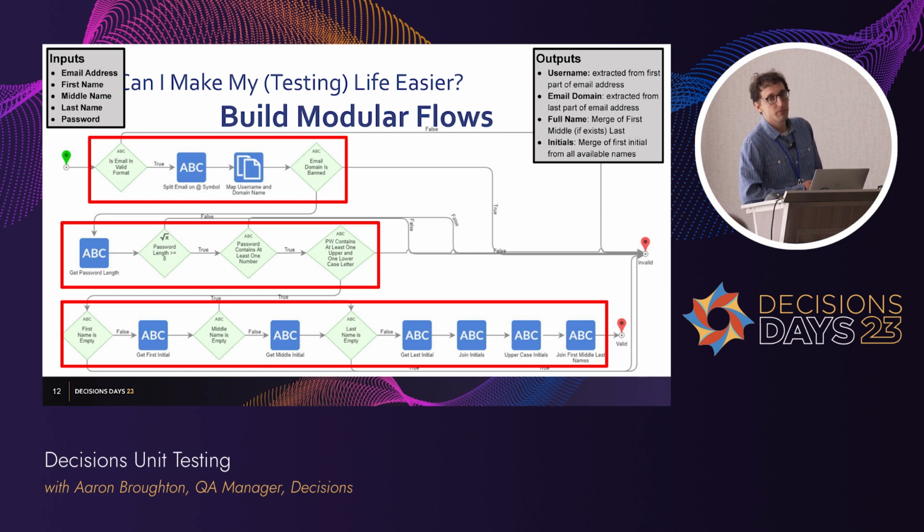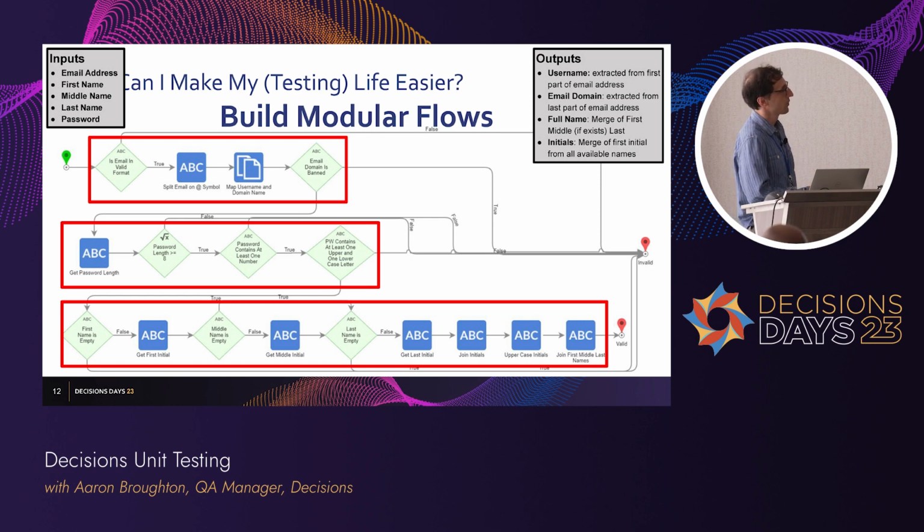What you want to do is look for groups of steps that are doing common things. So in this scenario, we have this group up top that is validating and processing the email address. So this is a good candidate for breaking off into its own little modular subflow.